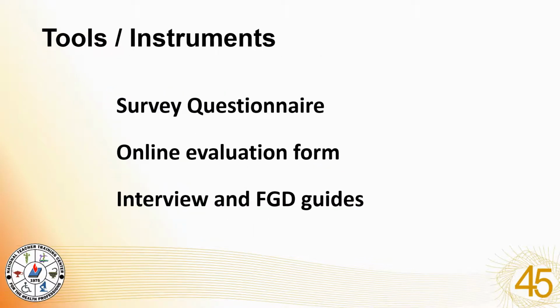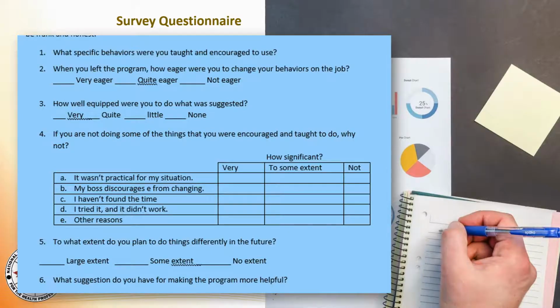Let's start with the first one, which is the survey. So you can actually do a survey. What specific behavior were you taught and encouraged to use when you left the program? How eager were you? This can talk about motivation, availability of instruments, and factors that help you identify what may have influenced or affected the performance or non-performance of a certain behavior.